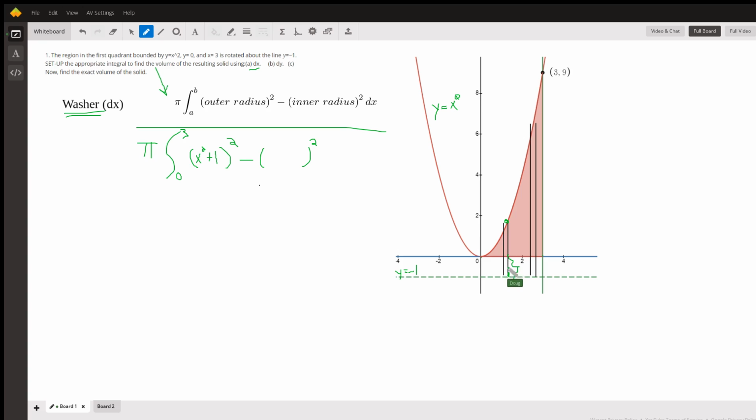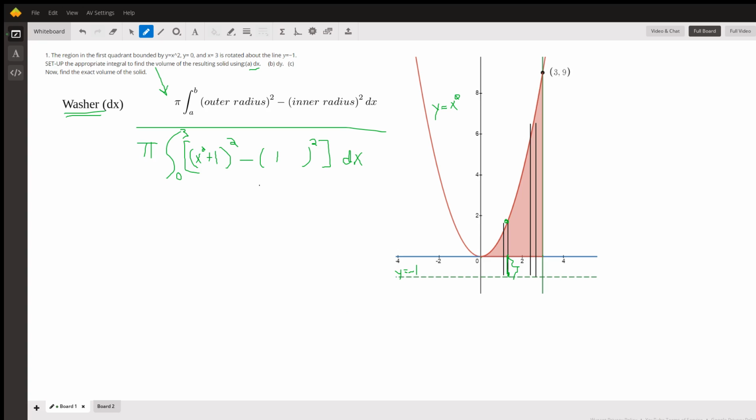That inner radius is always just a 1, 0 minus a -1 or 1. And of course, we want to do this all with respect to x. Now, to get the exact volume, you'd square this binomial, subtract this 1 squared, find the antiderivative, evaluate from 0 to 3, multiply by pi.